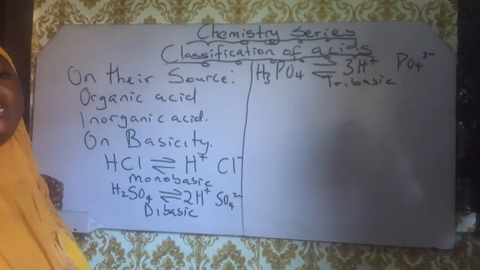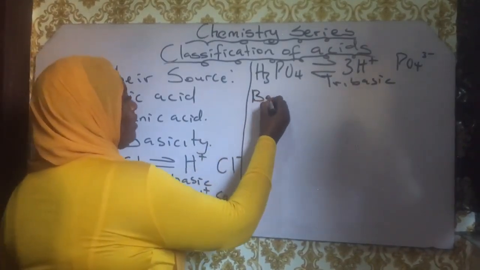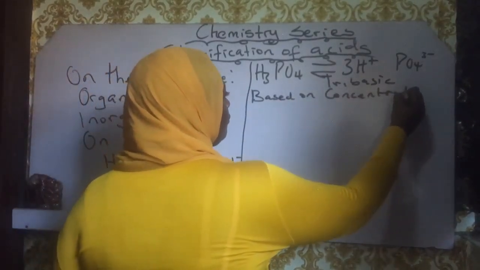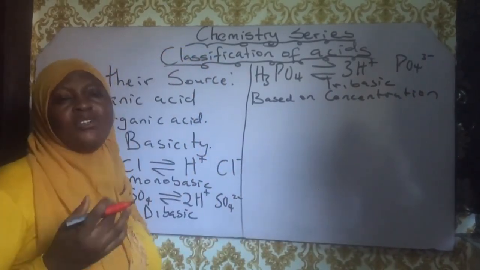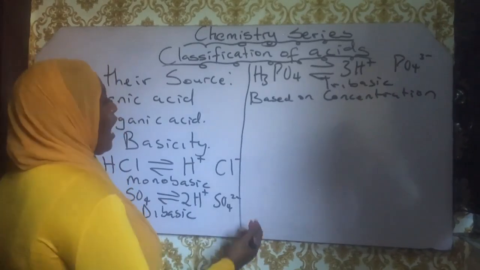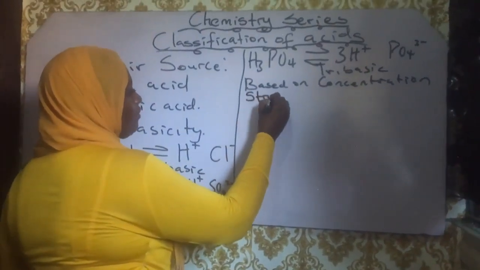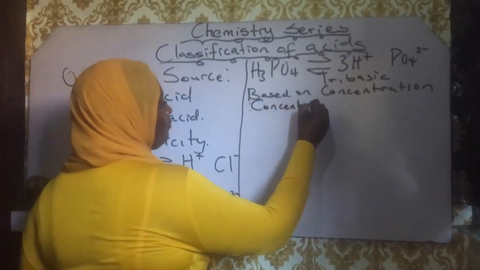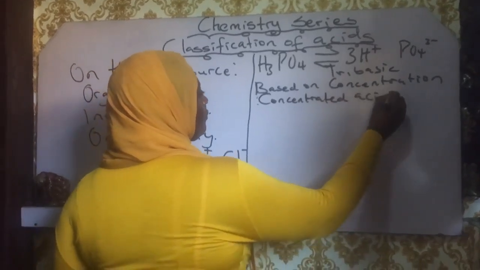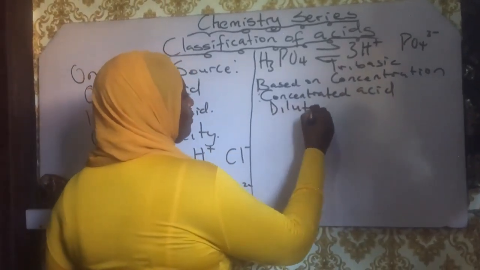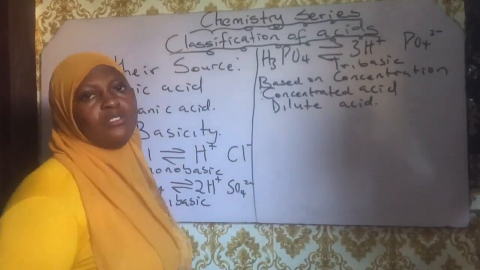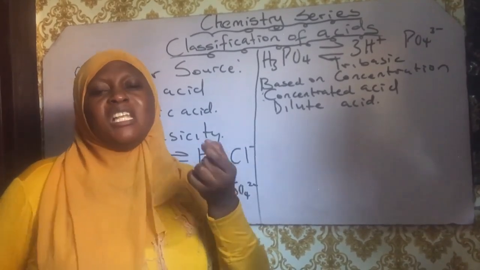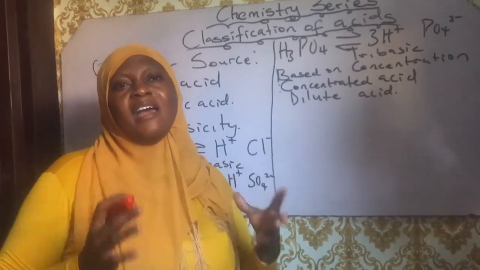Then we also have classification based on concentration. When we talk about classification of acids based on concentration, we have concentrated acids and dilute acids. A concentrated acid is an acid that contains a little amount of water and a high amount of acid.